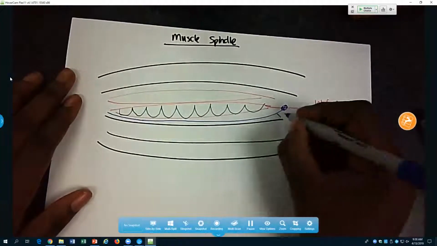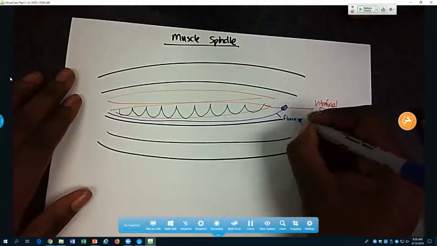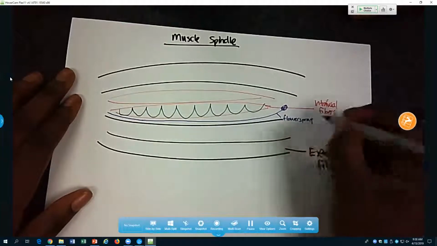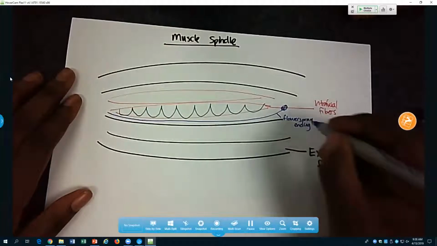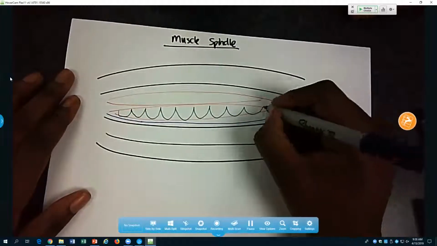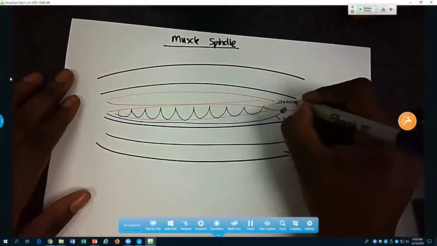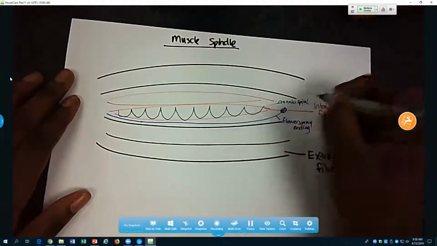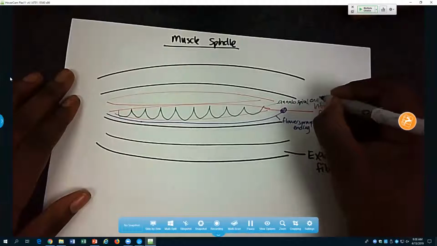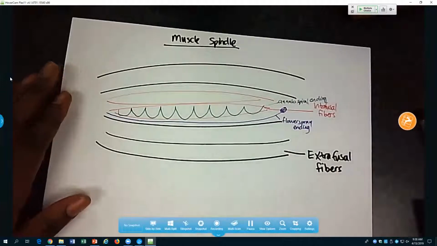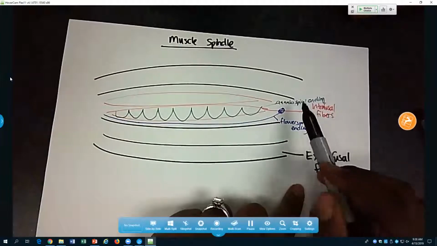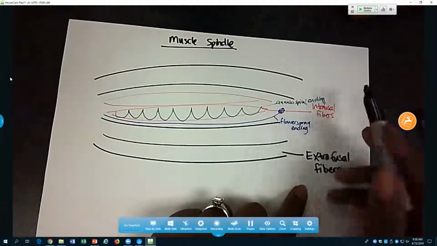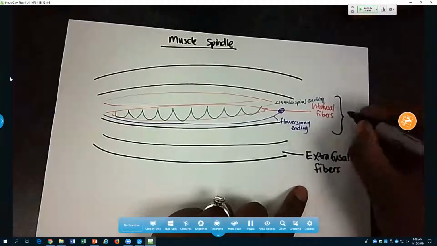Okay, so this is your flower spray ending, and then your annulospiral ending. Together these three structures, the intrafusal fiber along with the two sensory nerve endings, make up the muscle spindle.